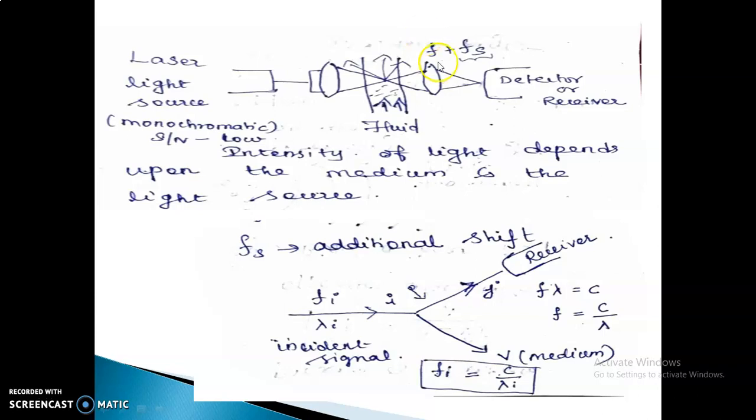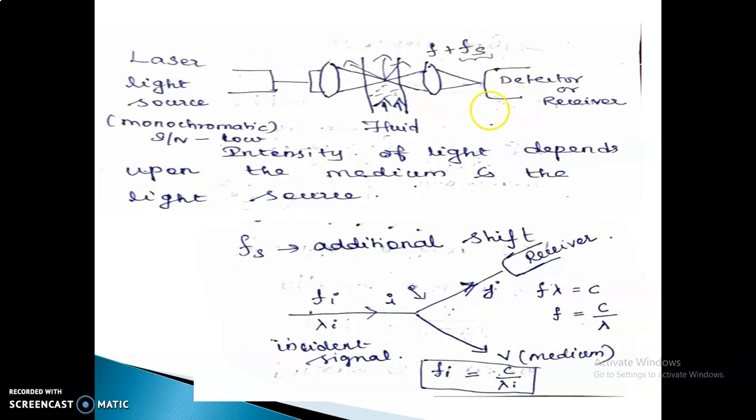Here you will have two signals, that is F plus Fs. Fs is the additional shift of the signal, the scattered light after shifting, and F is the incident signal, that was the input.